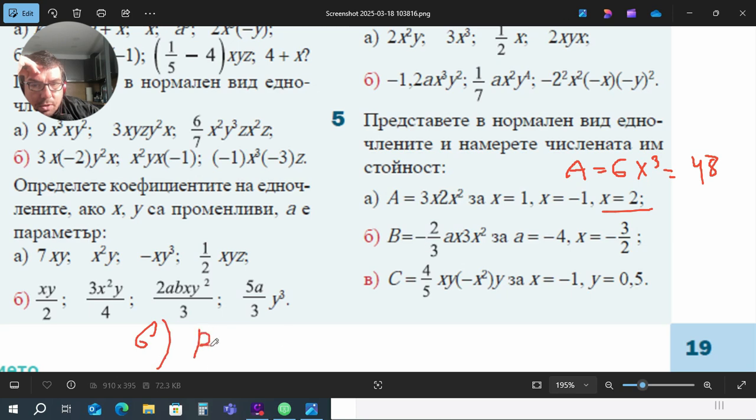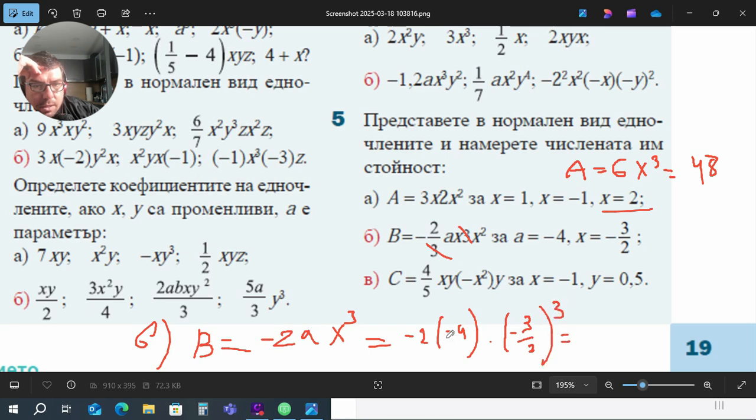For B, let me write it here. So B equals, I multiply minus 2 thirds times 3, 3 and 3 will cancel, I get minus 2a x to the power of 3. So if a is minus 4, minus 2 times minus 4 times minus 3 halves to the power of 3.